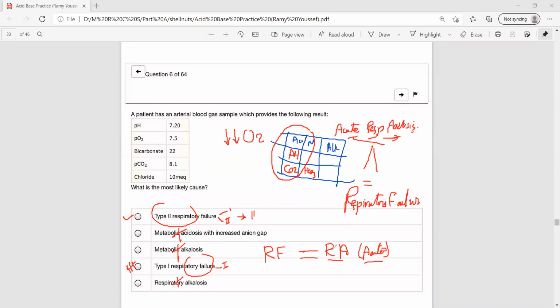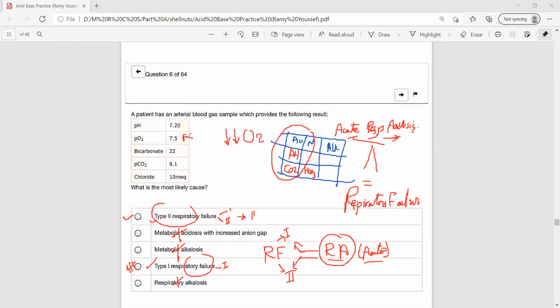But I can make it two types of respiratory failure, type 1 and type 2. That's why he gave me the O2 here.